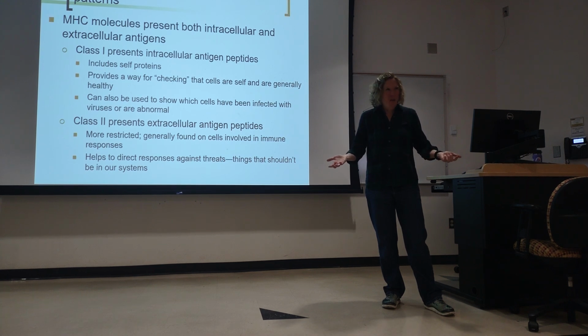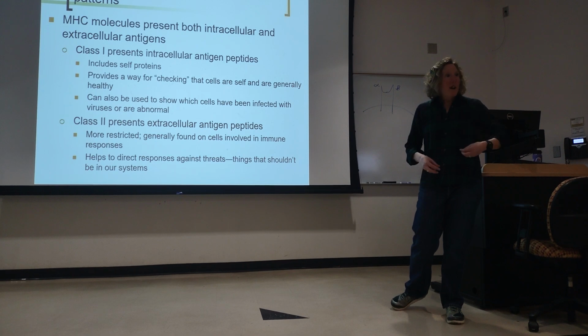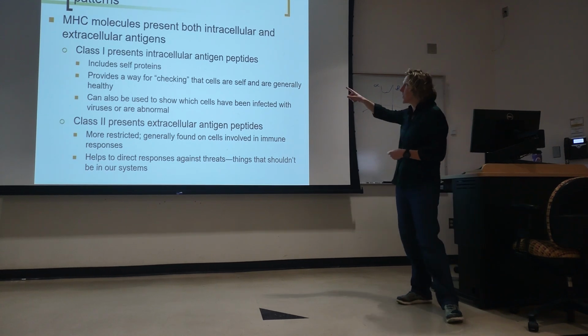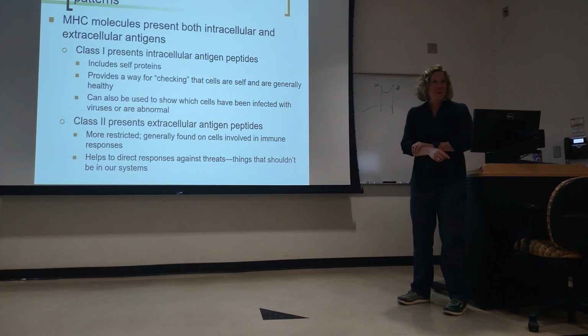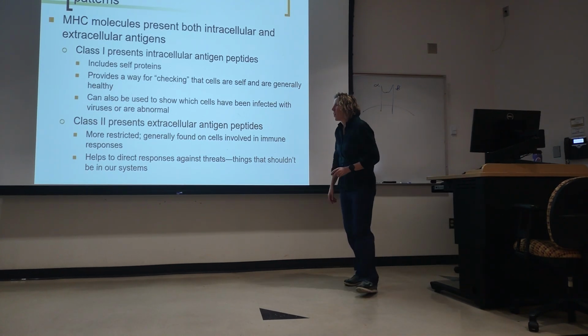Because how else would our body know? Oh, there's a virus inside there? I don't know. How would we know? It's hiding out in there. So our cells are capable of expressing how they are doing internally to the outside world. And it's class 1 receptors that do that. So, on all nucleated cells.